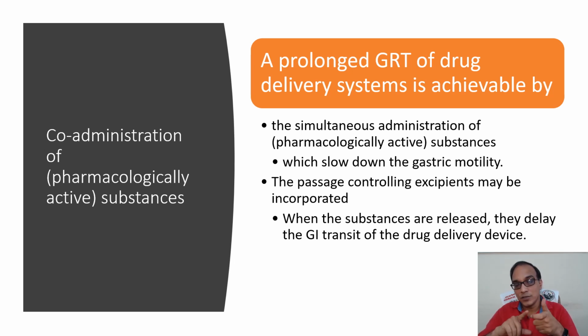This way, you can ensure the GRT, gastric retention time. You can increase the GRT. Passage controlling excipients may also be incorporated. When the substances are released, they delay the GI transit of the drug delivery device. This way, we can ensure the increase of GRT.